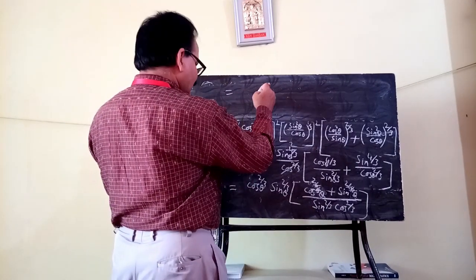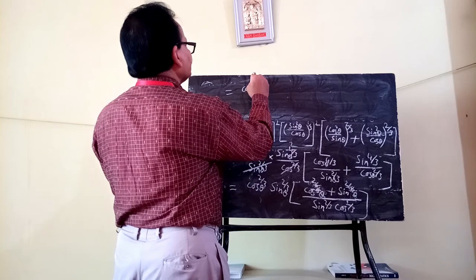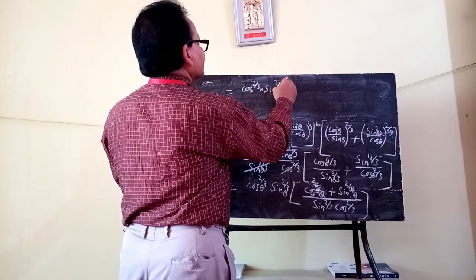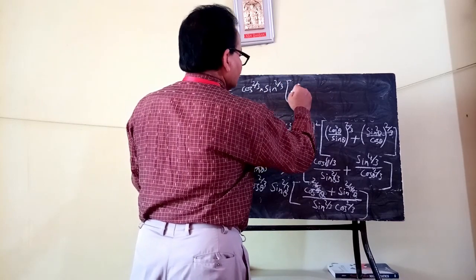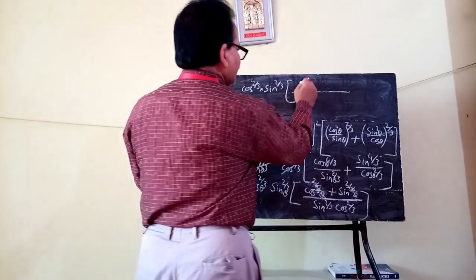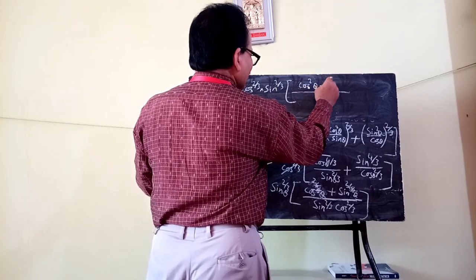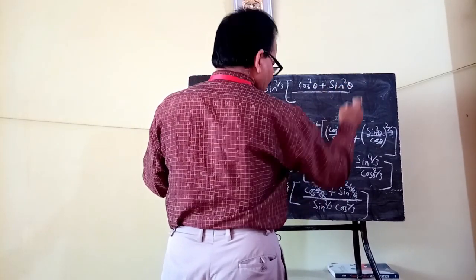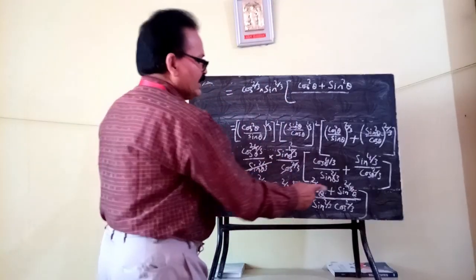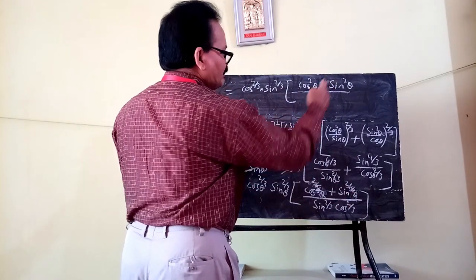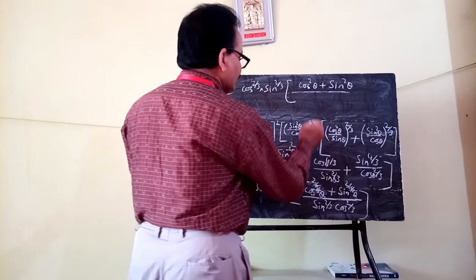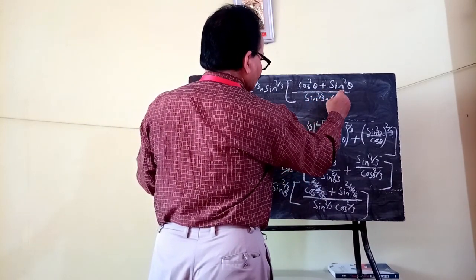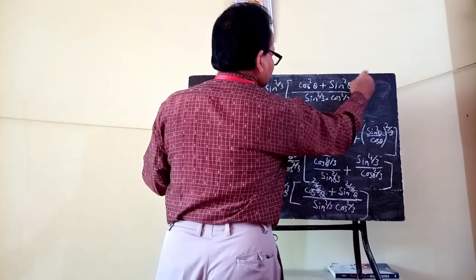Right now your next step will be, you can write once more, this is cos to the power 2 by 3 into sine to the power 2 by 3, and in the bracket this is cos square theta plus sine square theta, because 6 by 3 is 2, and in the denominator this is sine to the power 2 by 3 into cos to the power 2 by 3, which is the LCM.